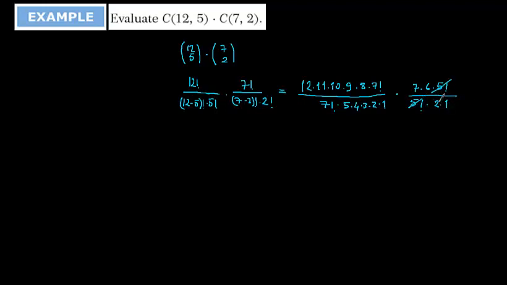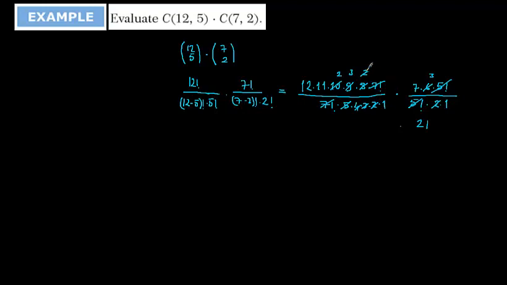You simplify 2 and 6, it's going to be 3. On this side, 7 factorial and 7 factorial cancel, you simplify 5 and 10, this is going to be 2. 4 and 8 you simplify, this is 2. 3 and 9 you simplify, this is 3. And 2 and 2 you simplify, they are going to be equal to 1.